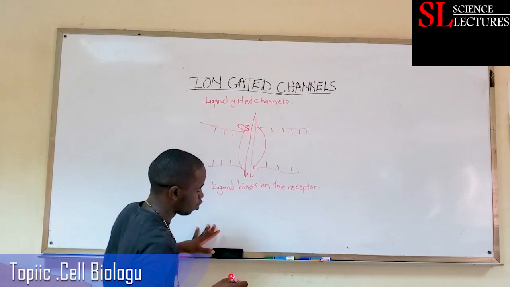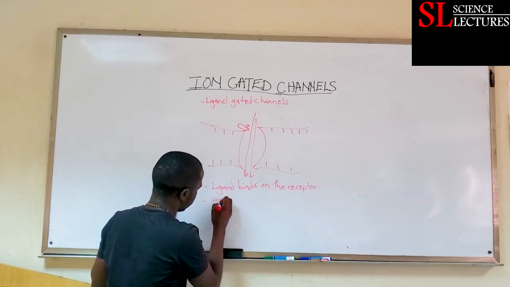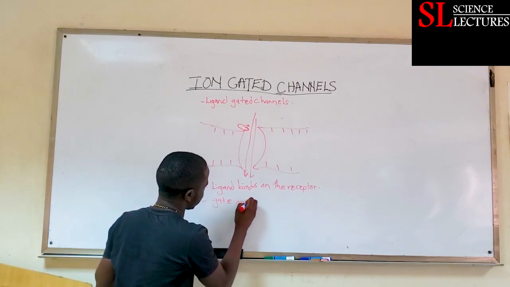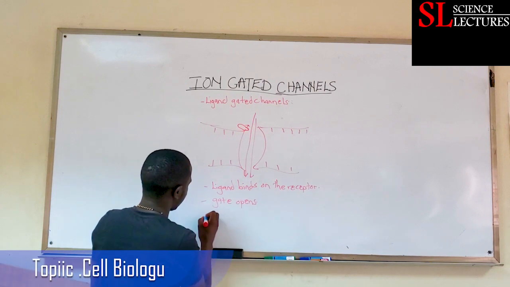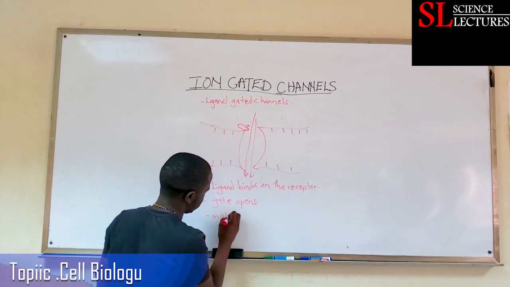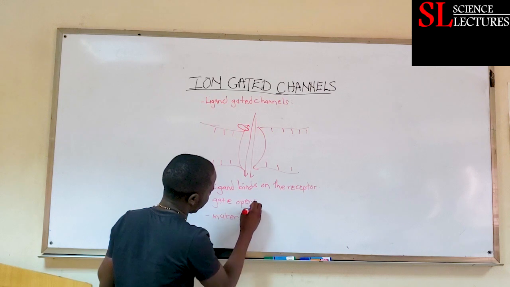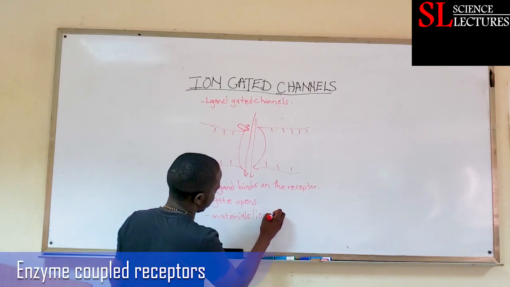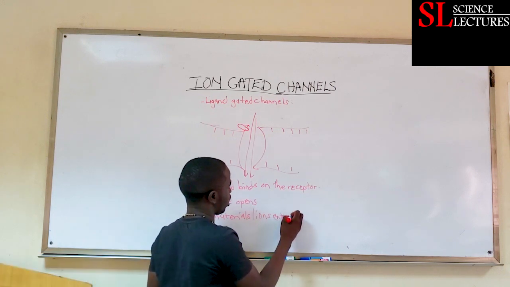Whenever the ligand binds on the receptor, it causes a conformational change where the gate opens. When the gate opens, materials or ions enter the cell.